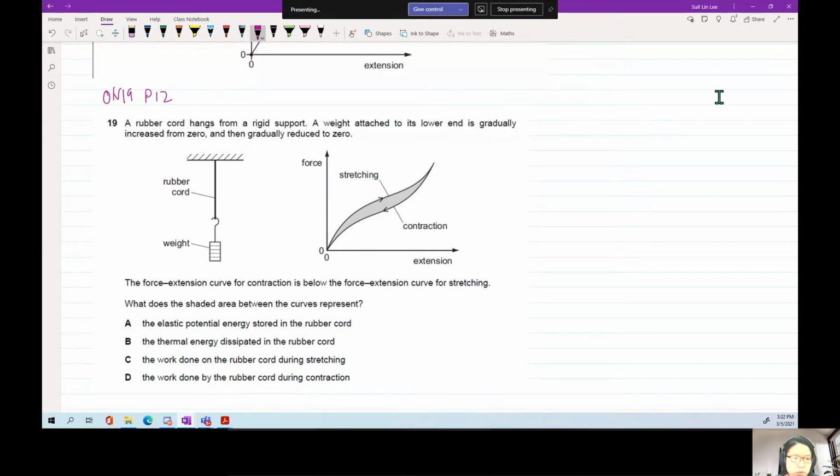Rigid support meaning the ceiling will not extend. Weight is attached to the lower end and it's gradually increased from 0 and gradually reduced to 0. So I add weight and then I measure the extension, and then I remove the weight and I measure the extension. And I plot and I get this graph. I notice that, for example, when I add weight from 0 to 10 Newton, this is my extension.